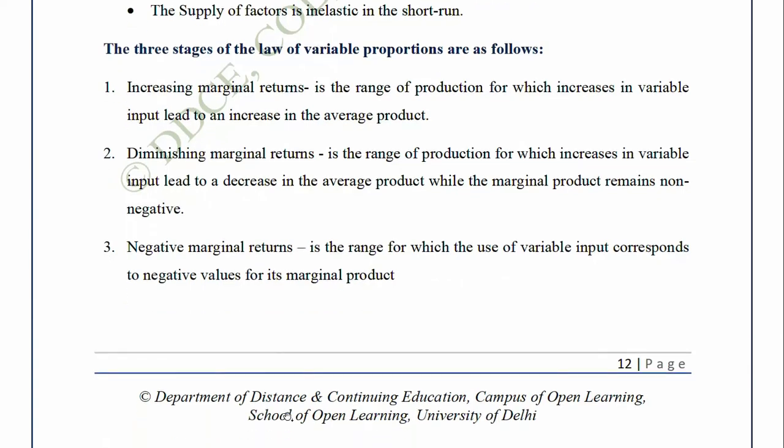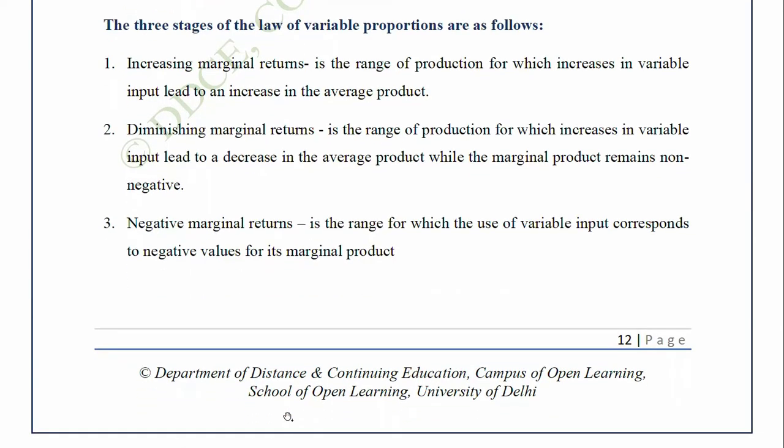The three stages of the law of variable proportions are as follows. First stage, increasing marginal returns, is the range of production for which increases in variable input lead to an increase in the average product.